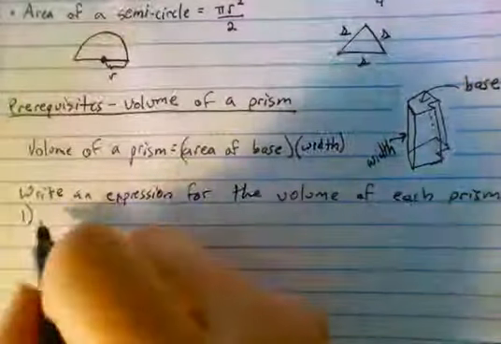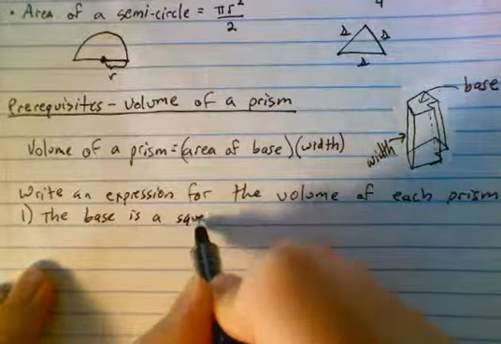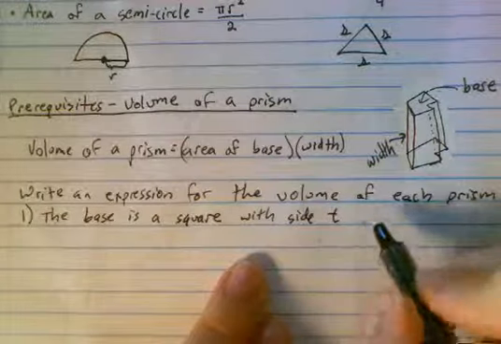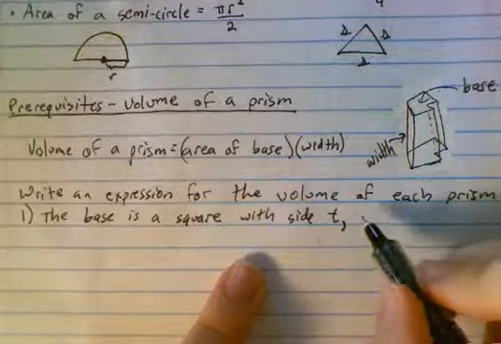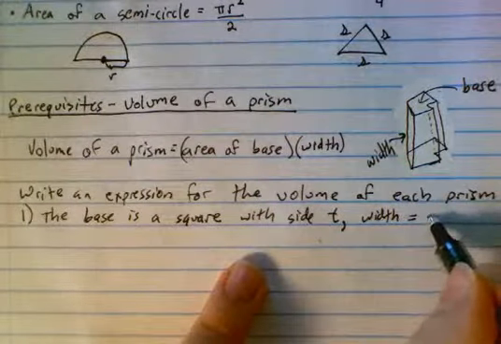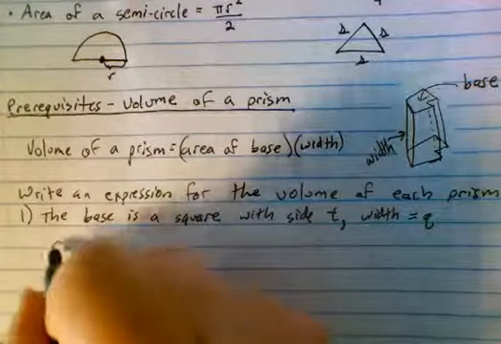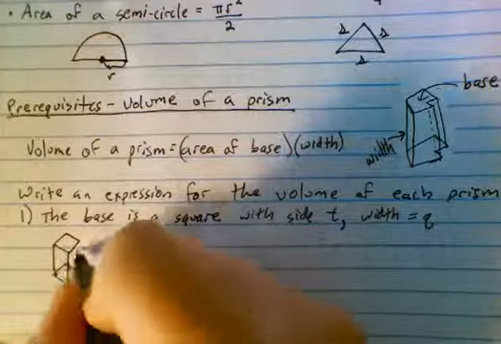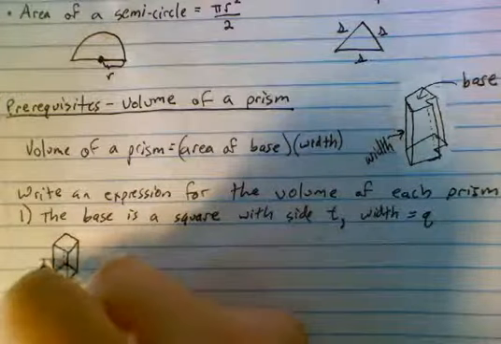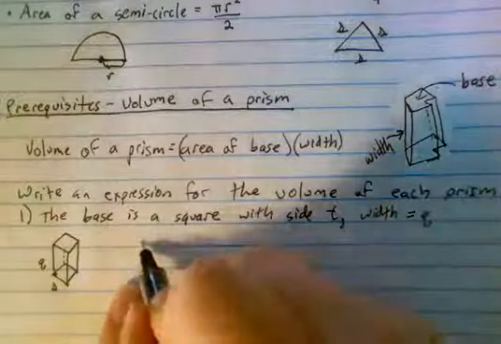First, let's start off with a prism where the base is a square with side T and the width, let's label that Q. So if I'm going to draw that, that just means I have a square and side S there, width or height of Q. So the volume is just the area of the square times the width.